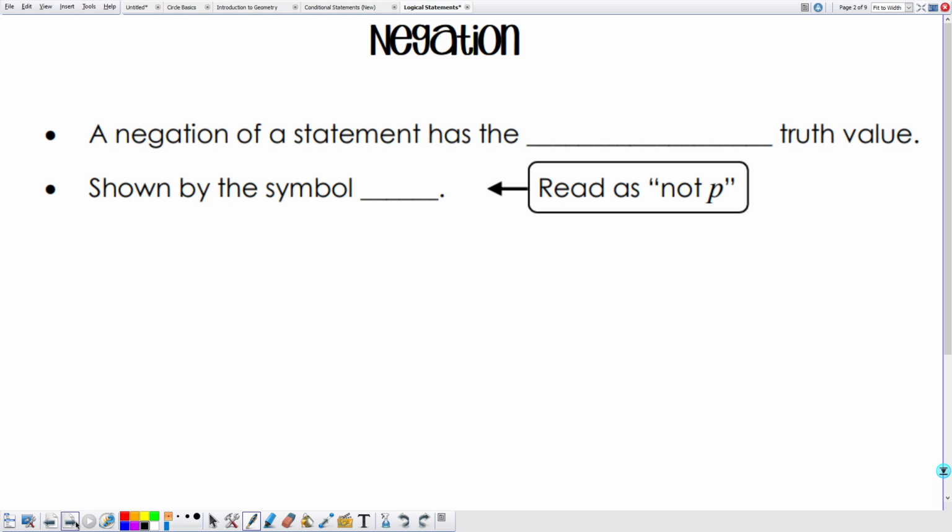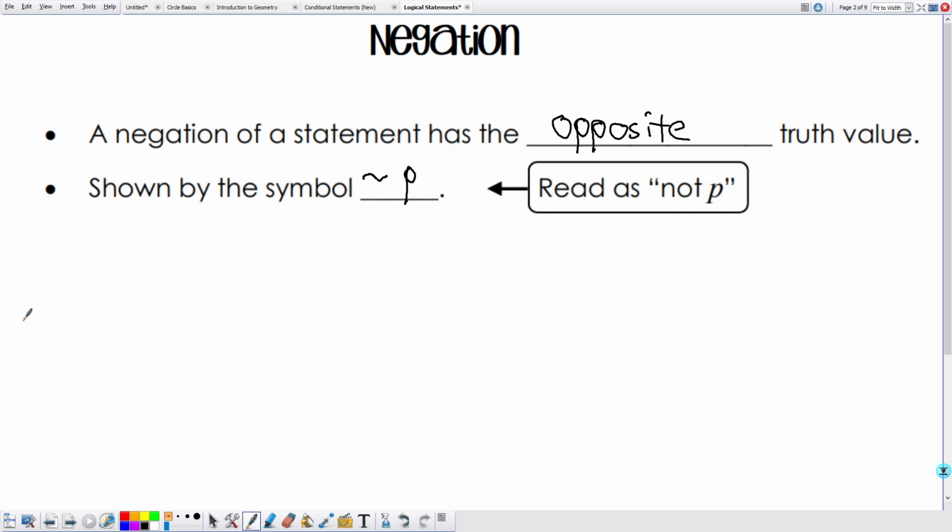The negation of a statement always has the opposite truth value of the original statement. We show this by the symbol, a little squiggly line, and then P. That little squiggle means not, and P is whatever statement we're working with.